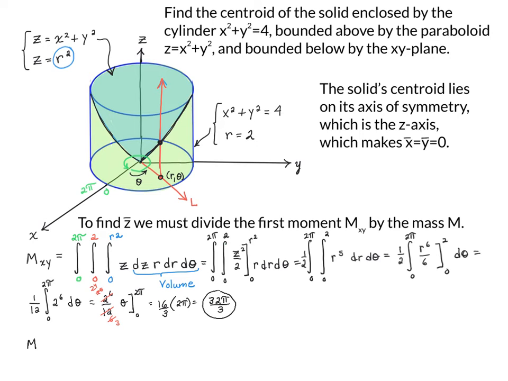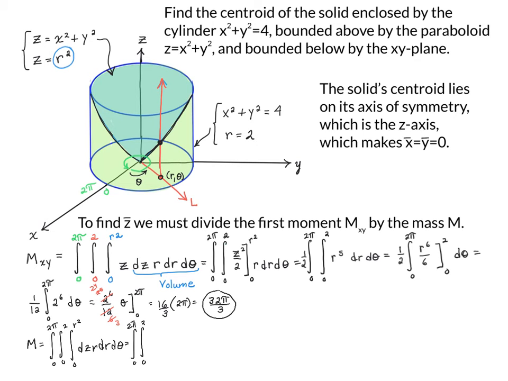And our mass is going to have the same limits of integration, 0 to 2 pi, 0 to 2, 0 to r squared. And our integrand will be just dz r dr d theta. So we integrate from 0 to 2 pi, 0 to 2.